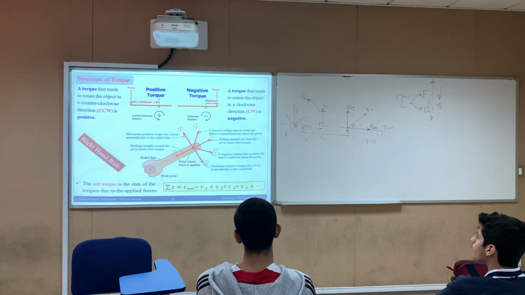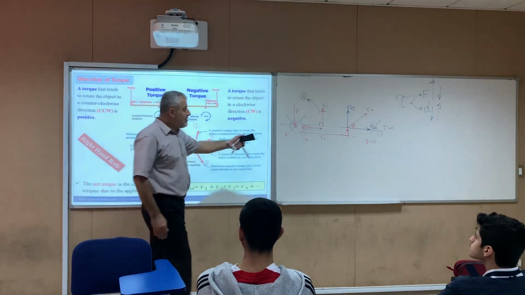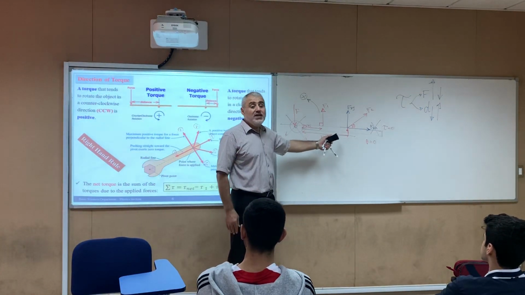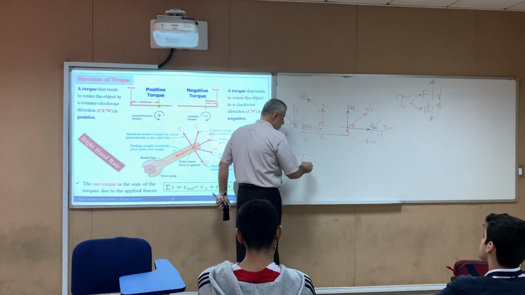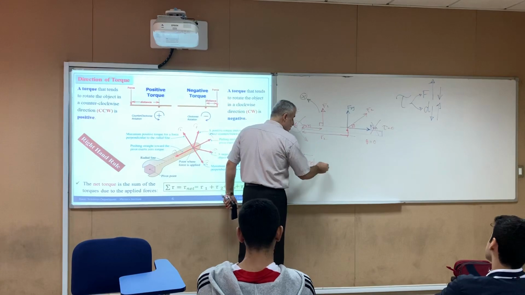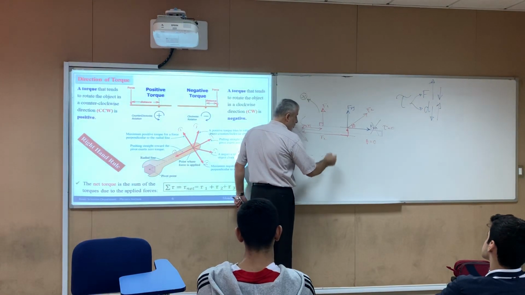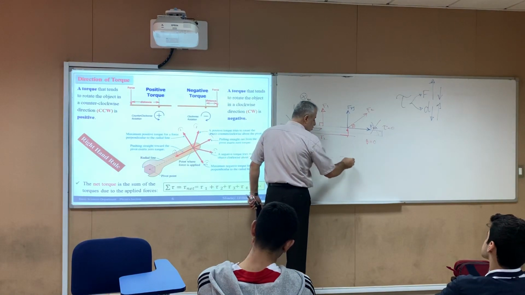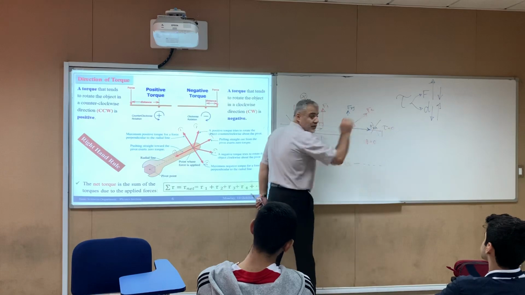The last point I need to say: if you have a rod subject to many forces, the net torque, just like the resultant force, will be the torque due to force F1, plus the torque due to force F2, and so on for however many forces.